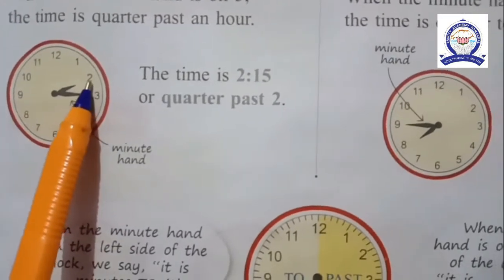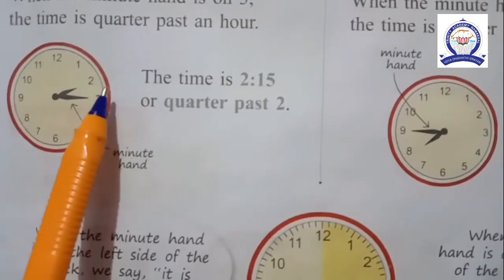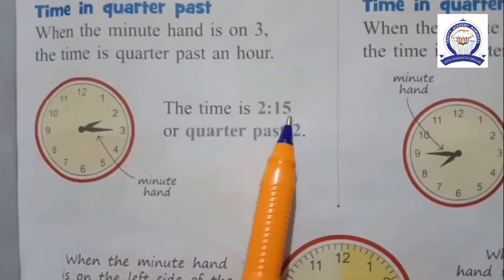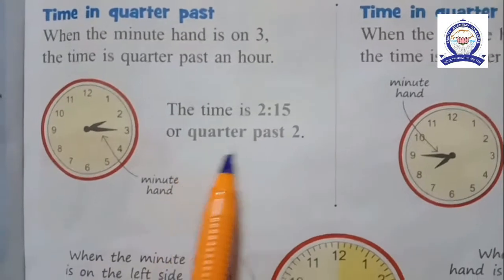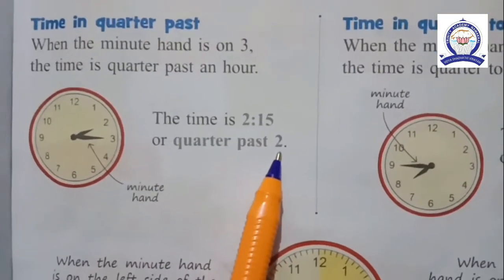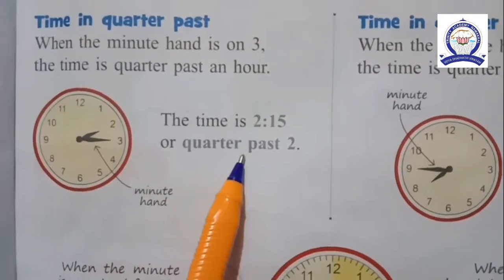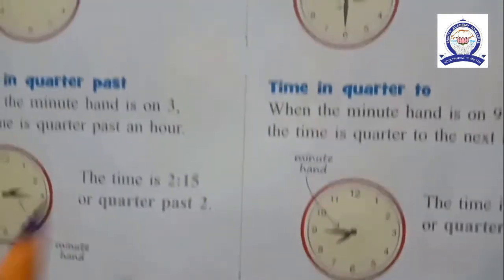How many hours? 2 hours. The time is 2 o'clock 15 minutes. The time is 2:15 or quarter past 2. Okay children. 15 minutes means quarter. Okay children. See the next one.